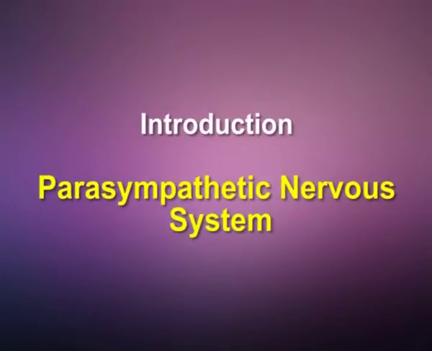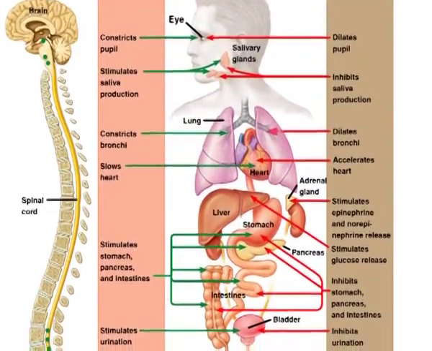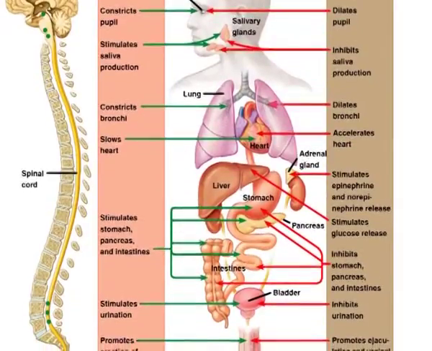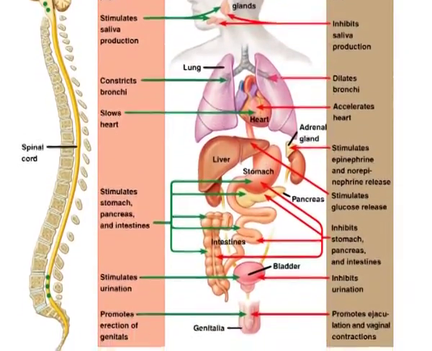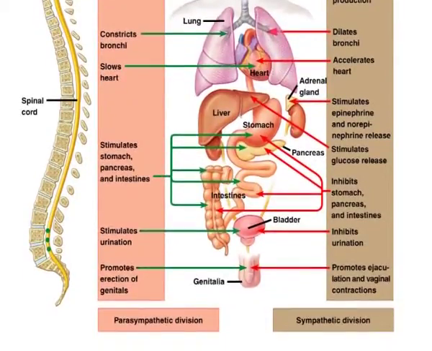Introduction. Parasympathetic nervous system. The autonomic nervous system, or ANS, is the portion of the nervous system that contains involuntary processes. The ANS regulates the vital functions of the body including blood pressure, body temperature, water balance, urination, digestion and many others.